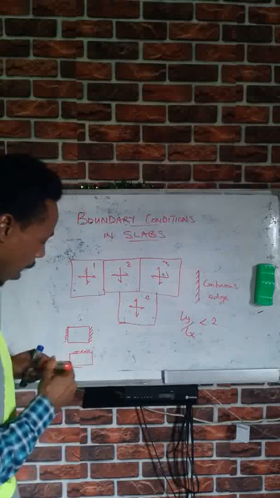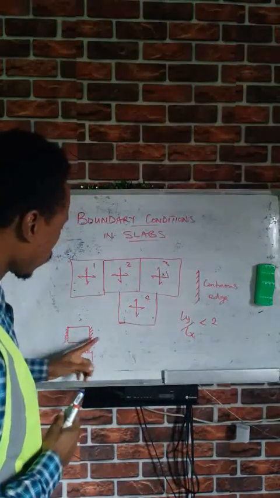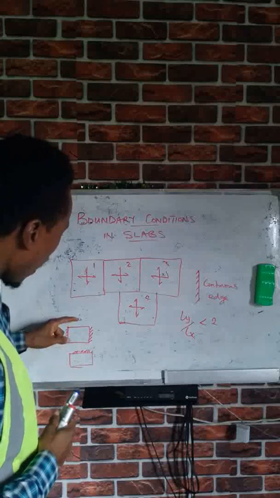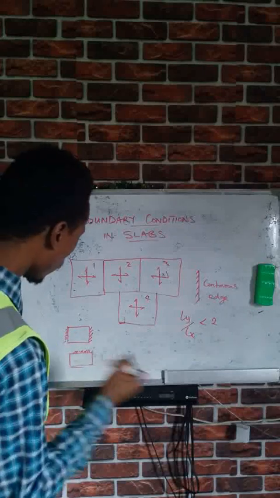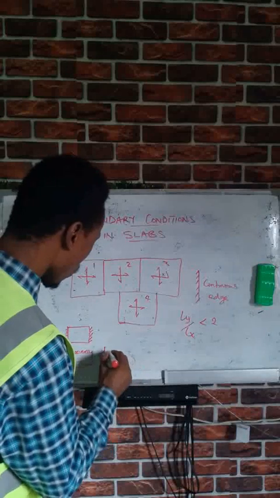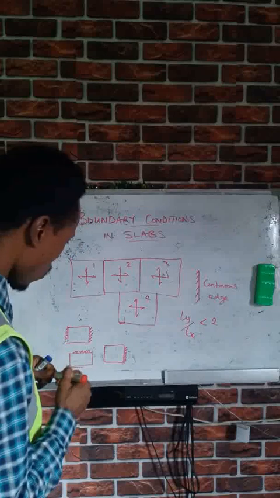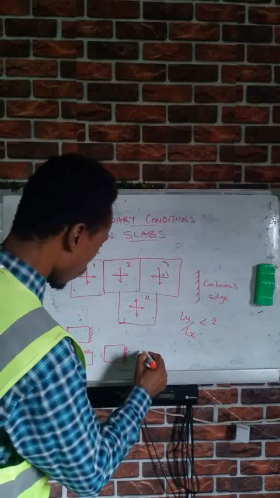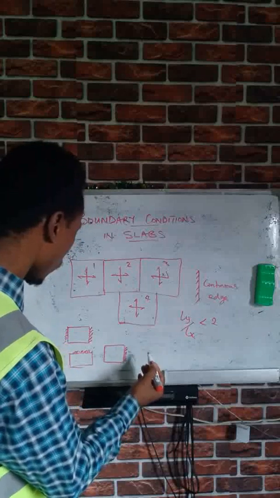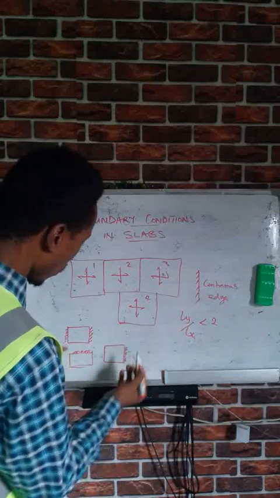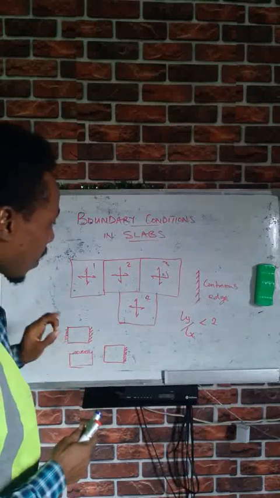What this means is that both these edges are continuous, while both these ends are free. Then there are some cases where the shorter side is continuous. There are some other boundary conditions, but let me use this as an example.